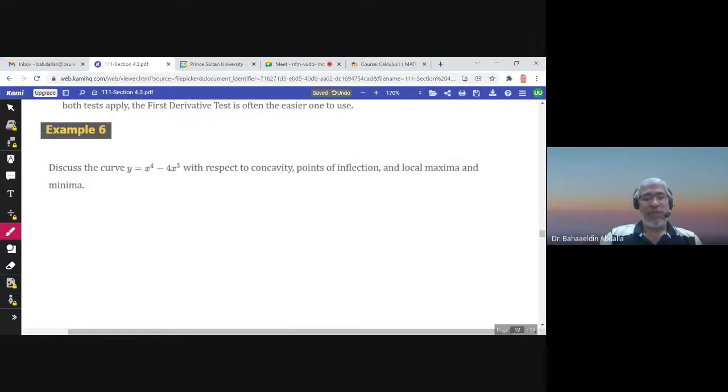Let us see this example. Discuss the curve with respect to concavity, points of inflection, and local maxima and local minima. Well, let us find the first derivative, and let us find the zeros of the first derivative. I can take 4x squared as a common factor.